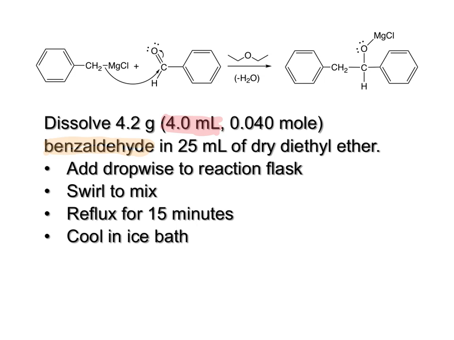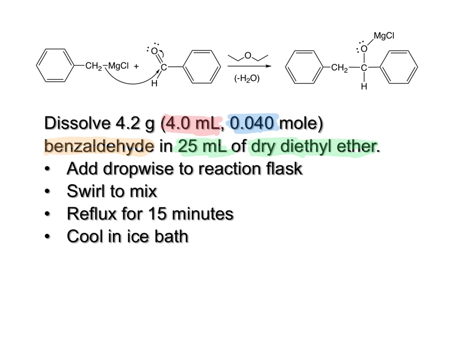So you can take about 4 milliliters, or about 0.04 moles. So we've got a little less of this than we had of our other two reagents. What does that tell you about the limiting reagent? And we're going to put that in 25 milliliters of our dry ether, so it's going to take a total of 75 milliliters of ether.